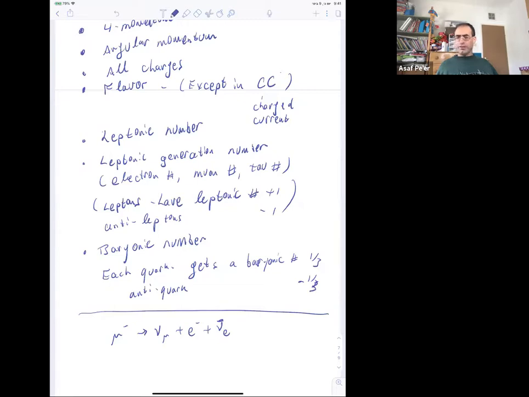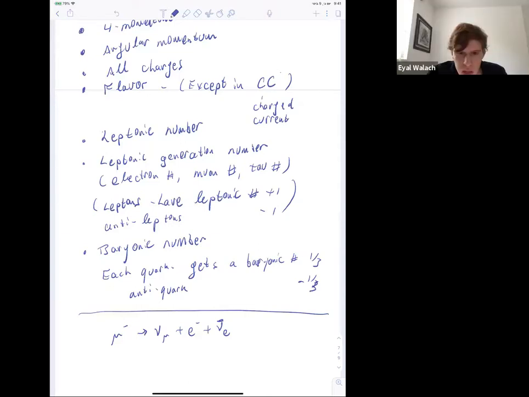So we have 1 muon number on the left-hand side and 1 muon number on the right-hand side. And the electron carries 1 electron number, and also the neutrino electron carries 1 electron number. But the anti-neutrino electron carries -1 electron number. So we have 0 electron number on the right and 0 electron number on the left. So all 3 are conserved. That's why in the decay of the muon, we get an anti-neutrino electron and not a neutrino electron.